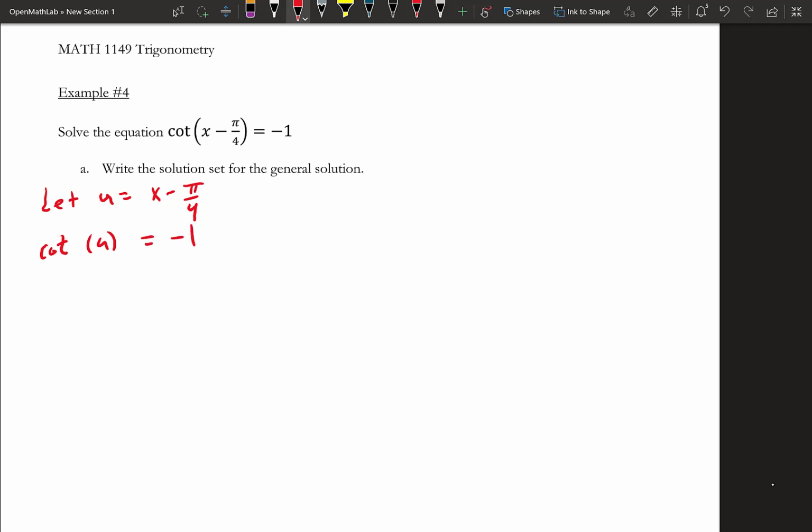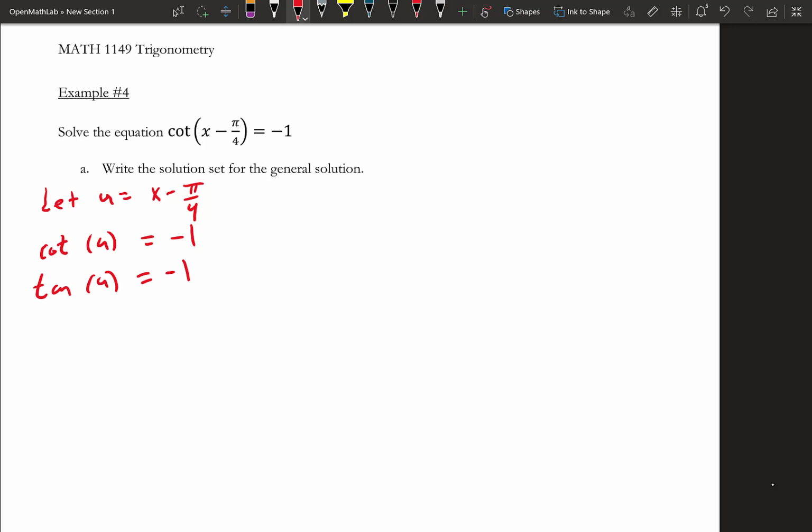And remember, if cotangent of u equals -1, then tangent of u would equal the reciprocal. But the reciprocal of -1 is just -1, so tangent of u would equal -1. Putting it in terms of tangent is easier for me to work with, because it's nice to think of things in terms of sine, cosine, and tangent.